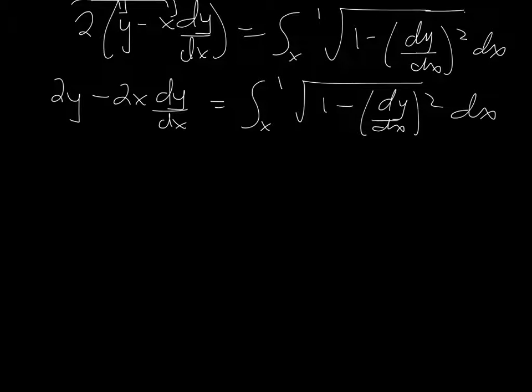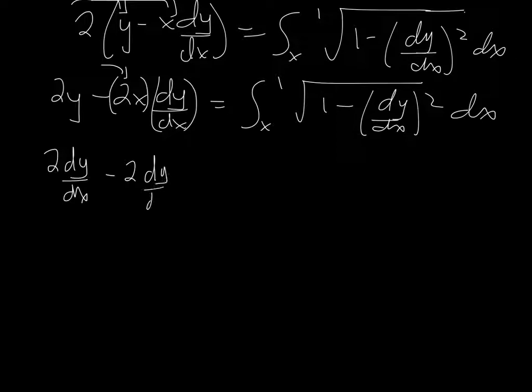So for the left-hand side, the derivative of the 2y is just 2 times dy/dx, minus, and here I've got a product rule to take the derivative of. If I take the derivative of the first term, it would just be 2, and then I multiply that by dy/dx.